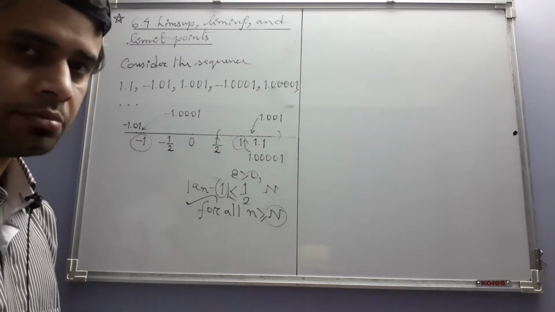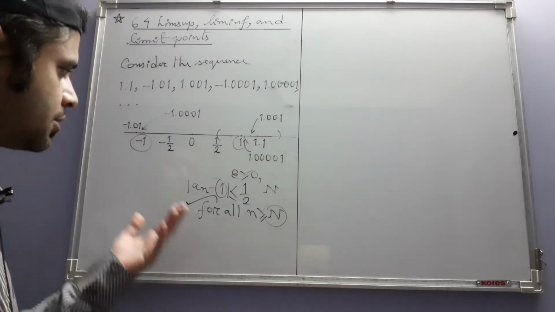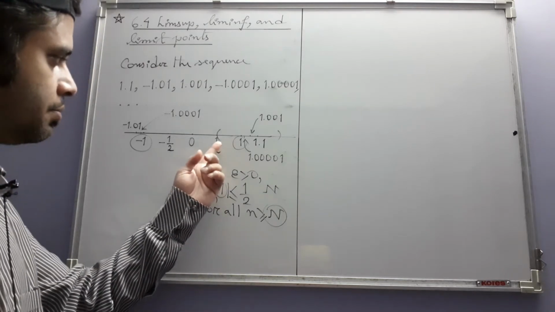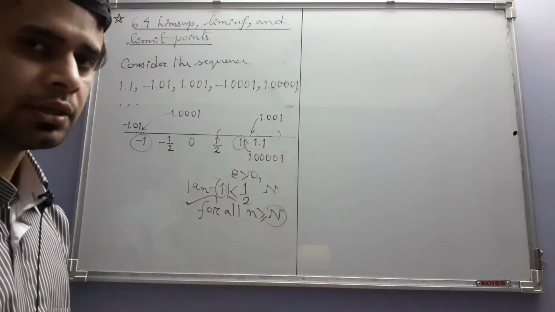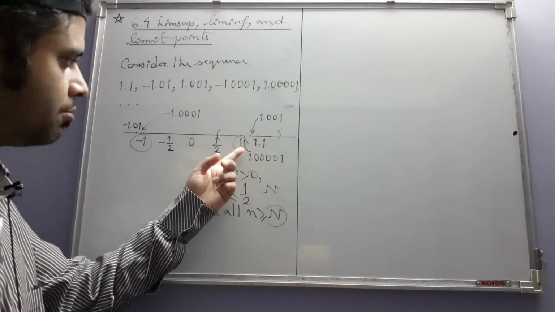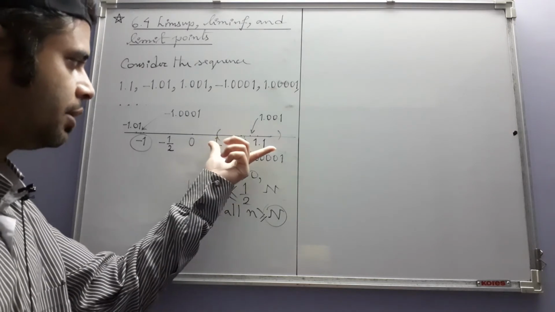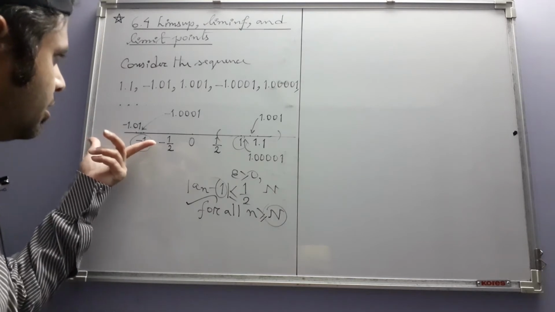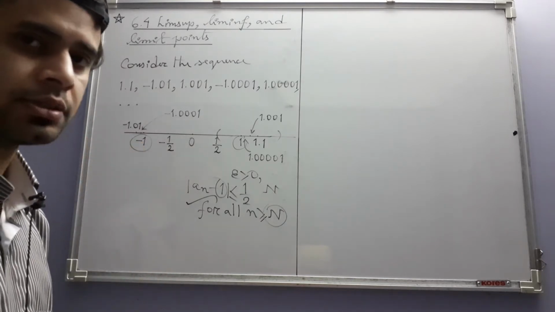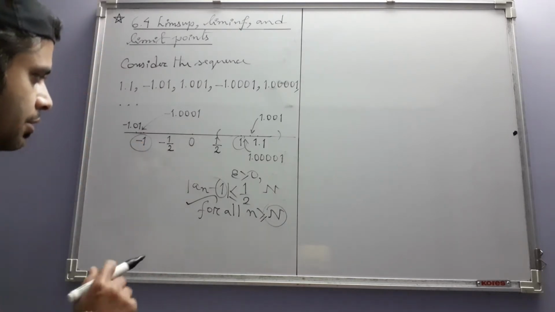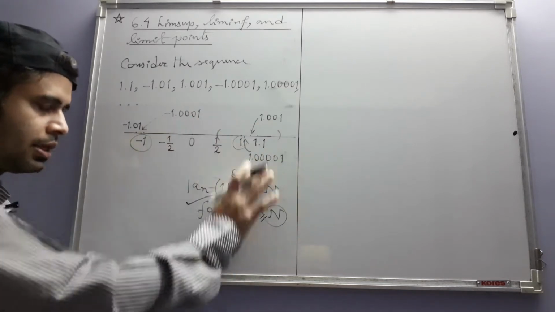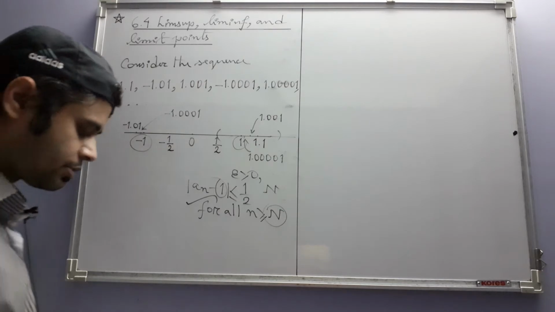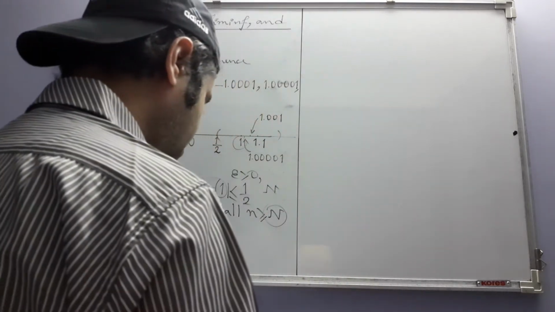They are not limits, but they want to be limits, maybe not of the whole sequence, but parts of it. 1 seems to be the limit of this part of the sequence, and -1 seems to be the limit of the negative part of the sequence. These things give rise to the concept of limit points. So that is our first definition here.